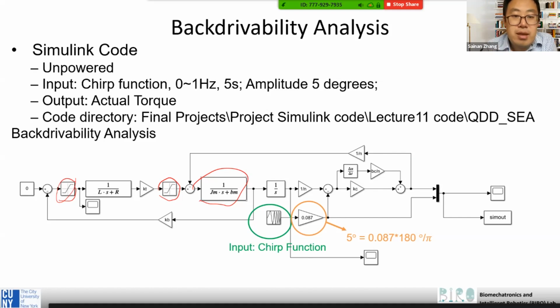Professor, go ahead. After the derivative block, there's the BC divided by n. Why is that divided by n if it's divided by n already? Yeah, I think very likely this is an error. Yeah, this is a mistake. We already divided by n here because this is the gear, right?